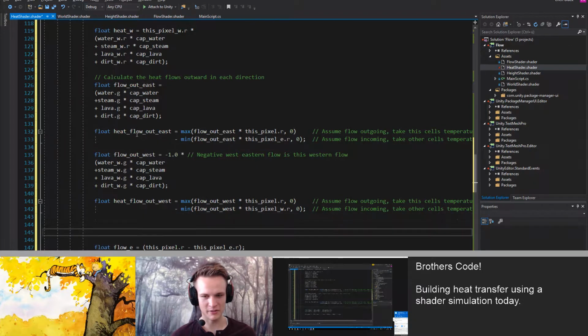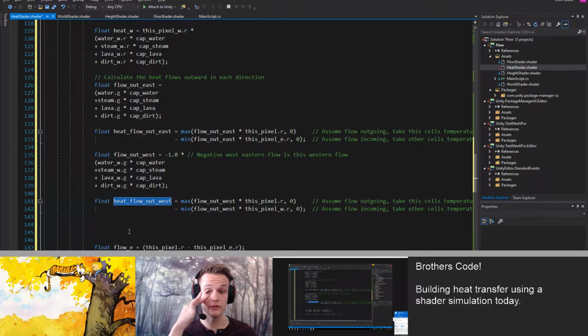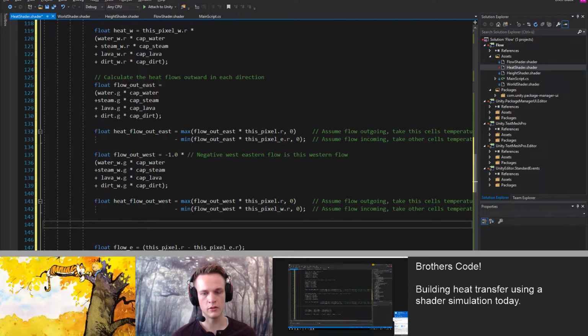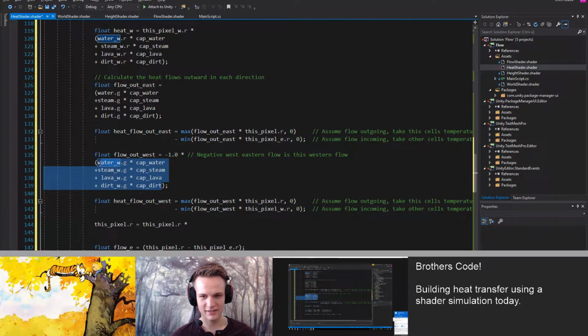All right. So what do we want to do with this? We have outflow west and out east. Now you want to modify your own heat, right? You want to subtract these values from your own heat and then calculate your new temperature. So this pixel's temperature is... well, first you have to convert this pixel's temperature into heat.